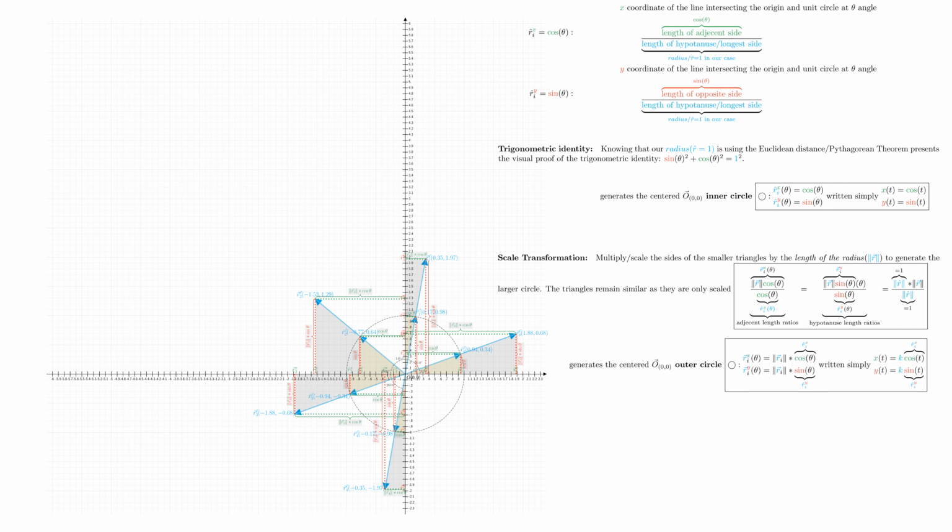Y component of r vector is just sine theta, or y of r hat scaled up by a scalar, which generates us the outer circle centered around origin, any radius determined by an arbitrarily chosen k, instead of using the parametric form.